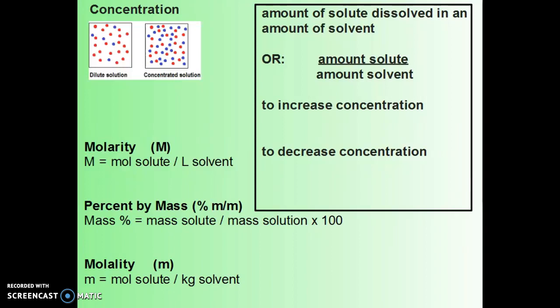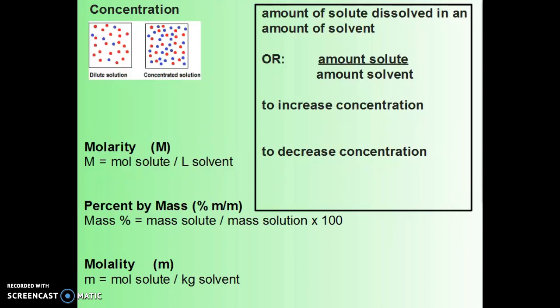If you look at the picture on the right, the larger number of dots represents having more solute within the amount of solvent. Okay, and so that would be a higher concentration, and so we can actually have a numerical value which we give to that concentration to be able to know how concentrated or how dilute your solution is.